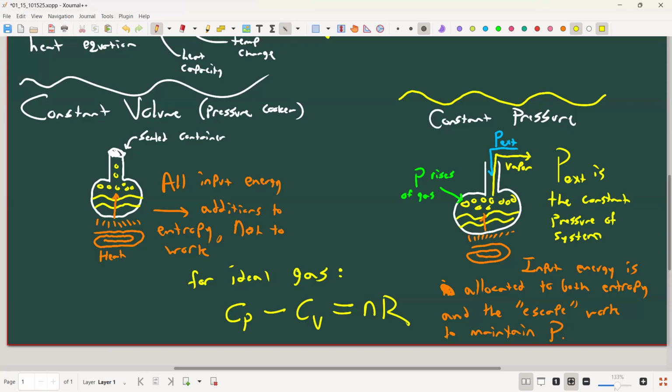They don't really have any problem compressing or expanding. Liquids, it's much harder to do that. Solids, of course, as you'll see in problem 1 in the homework, really don't like to compress or expand. And so the difference between the heat capacities for a solid is negligible. So this is why in Gen Chem we don't care about the distinction, because by and large, other than for gases, the distinction is fairly small.